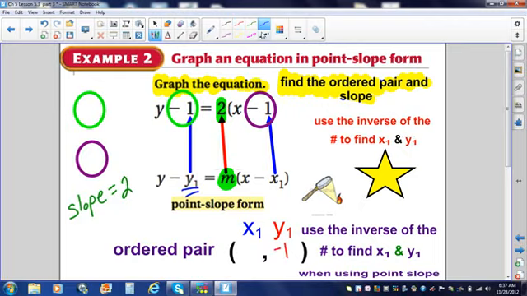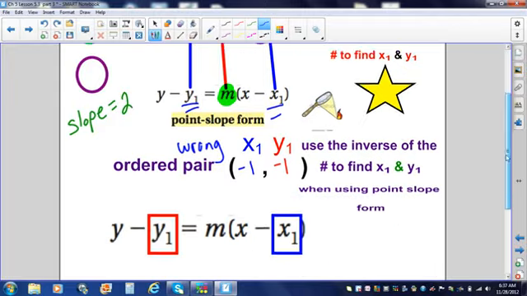Then they say x1 is negative 1. That is incorrect. Let me show you why that is wrong. If you just take the numbers out of here, it won't work. Here's why.